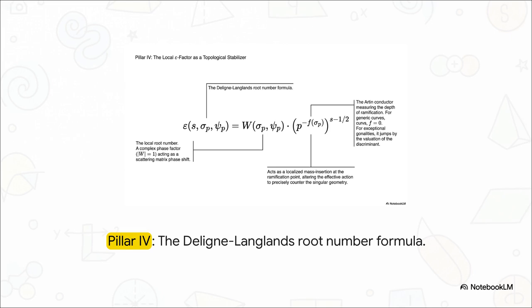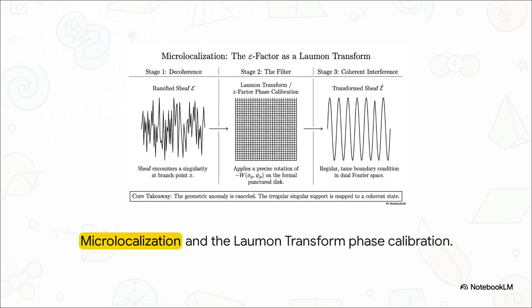The formula dynamically compensates for all that crazy ramification. Through the Lemon transform, the wildly fluctuating phase vectors induced by that exceptional covering are precisely rotated. This phase calibration completely maps the irregular singular support back to a regular tame boundary condition in dual Fourier space. The result? Coherent interference. The geometric anomaly is totally canceled out.